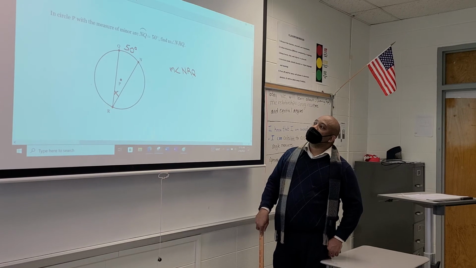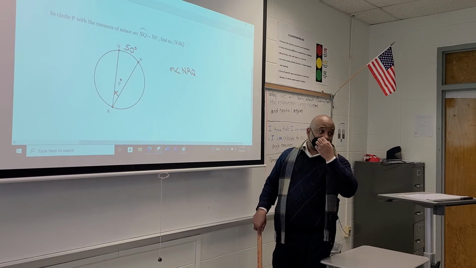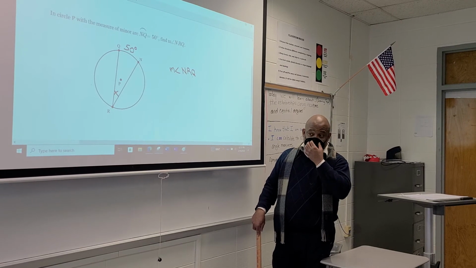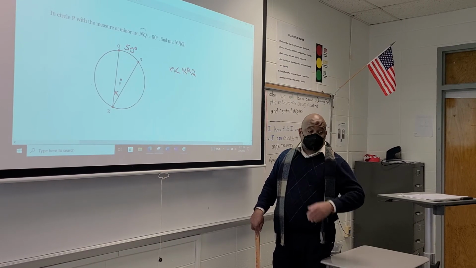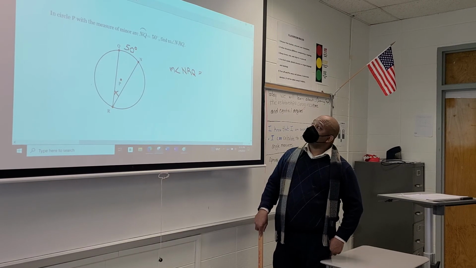Inscribed, all right? So we know that we could divide it by 2 because it's inscribed. But there's some situations where that angle is not going to be at the center, or it's not gonna be inscribed, and we just can't assume that it's gonna be half if it's not central.